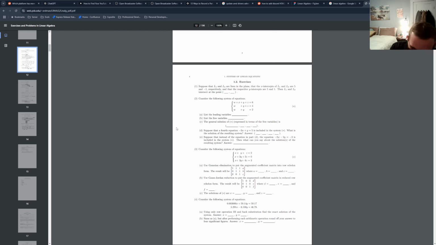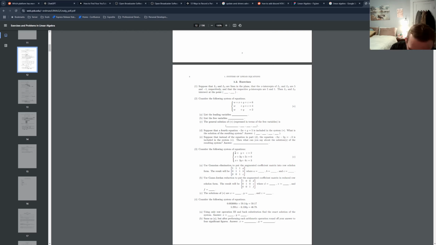So we have w plus x plus y plus z equals 6. And, oh, I see. So this is a more complicated one. So let's do number 3 first, because there's 3 and 3. That'll be a little easier. So this one is x plus y plus z equals 2.